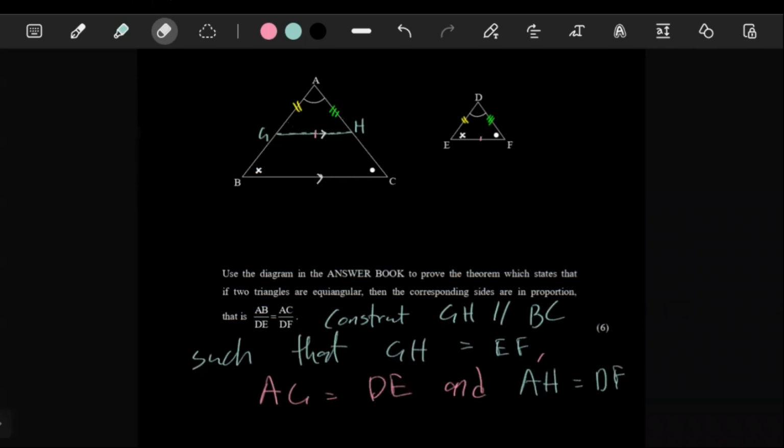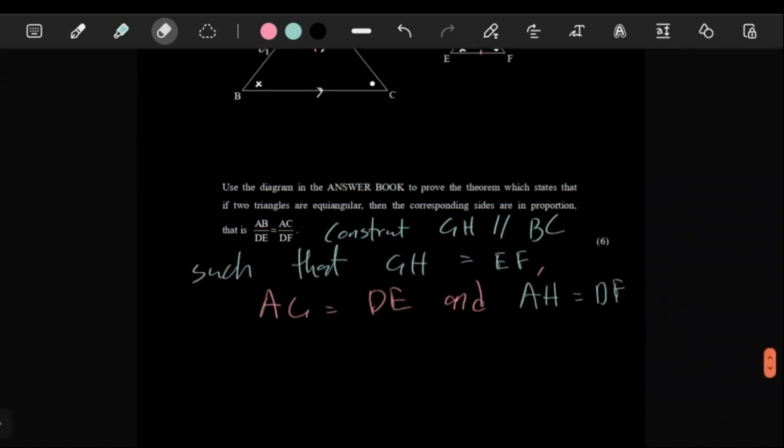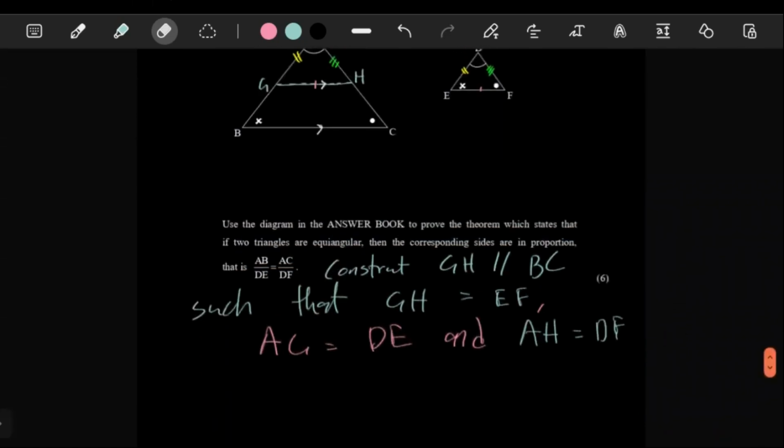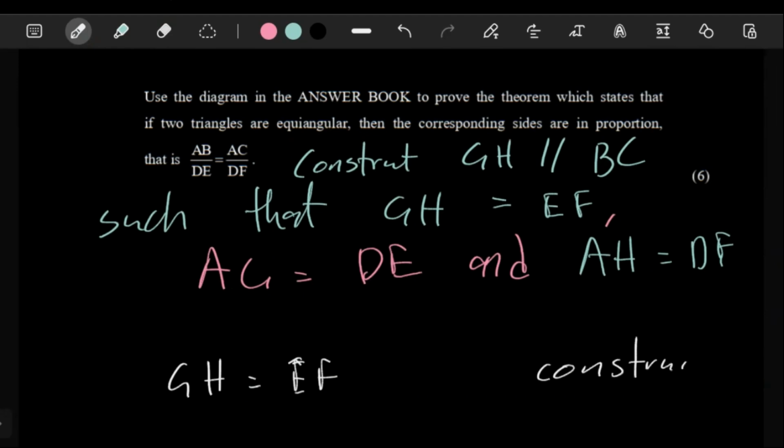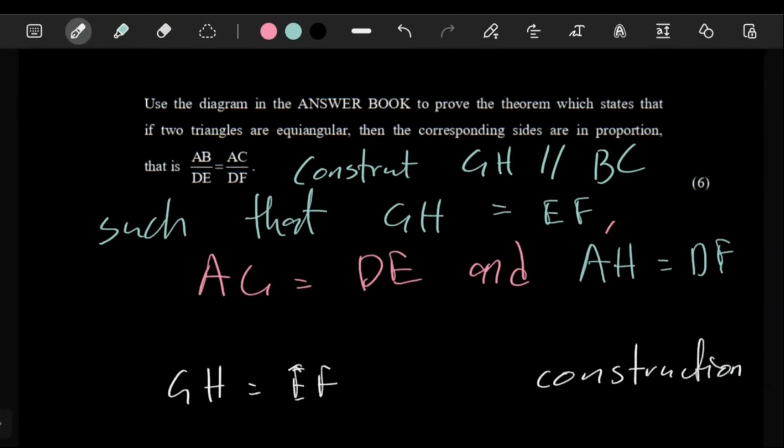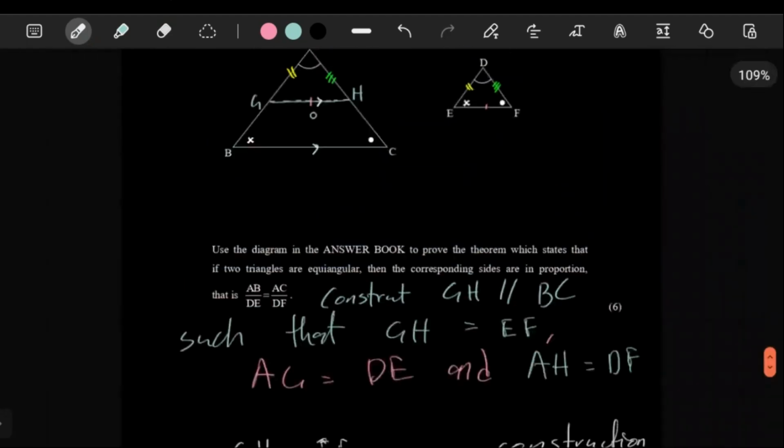So the first thing we can do is we can just state that GH is equal to EF, and then the reason is just construction. I know, sounds dumb. And then, since these two are equal to each other, that's a side. So our goal is to prove that this triangle is exactly identical to that one.